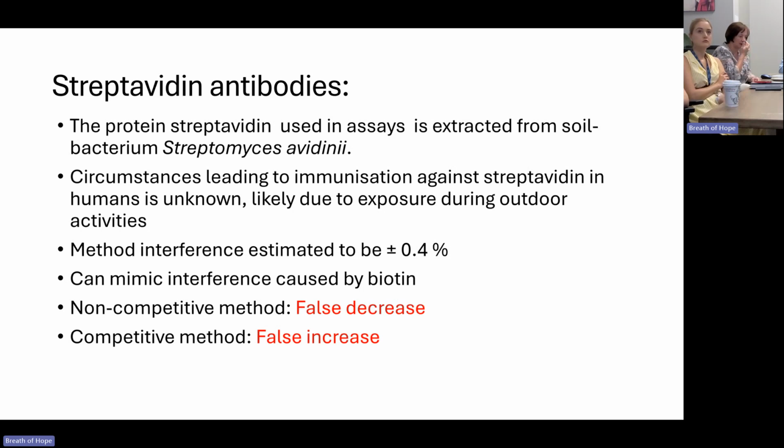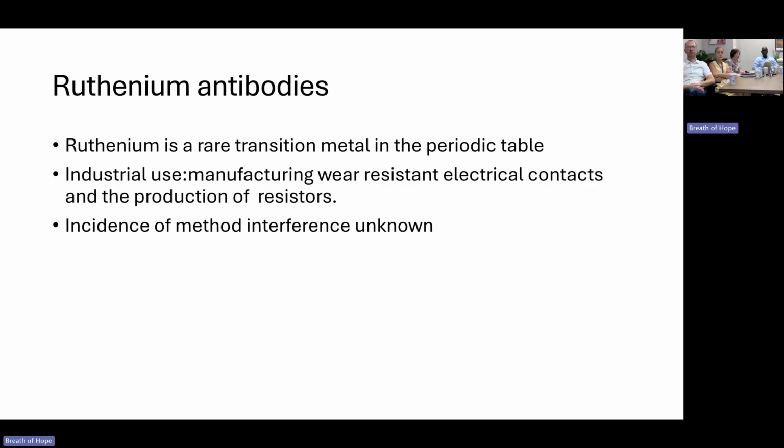So for a non-competitive method, free T4, you will see a false decrease. And for the TSH non-competitive method, you will see a false decrease. And for a competitive method, a false increase. Ruthenium antibodies are also a rare case of interference. It is used in the industrial space, and the incidence is not really known, but it has been reported in the literature.